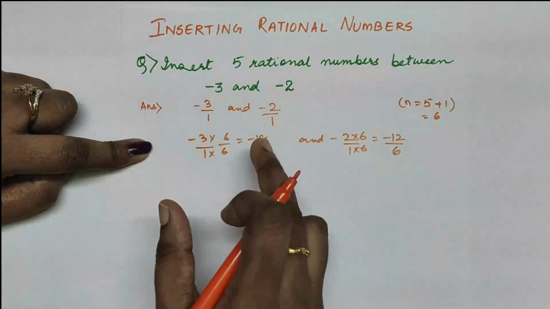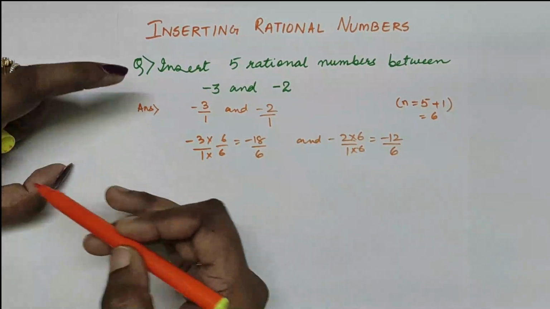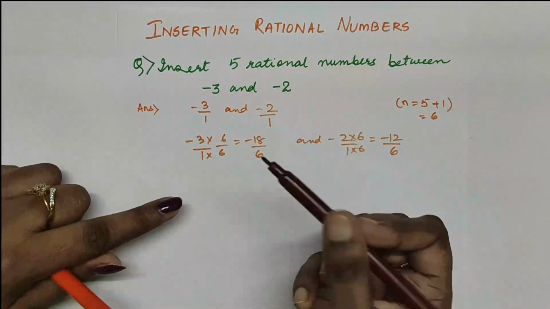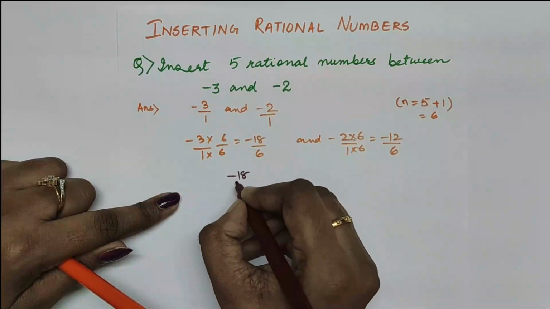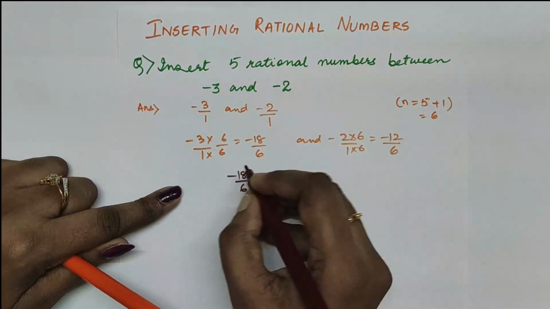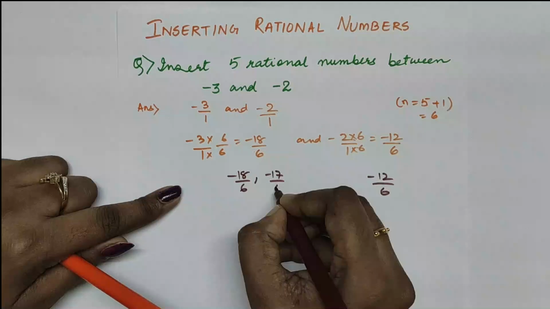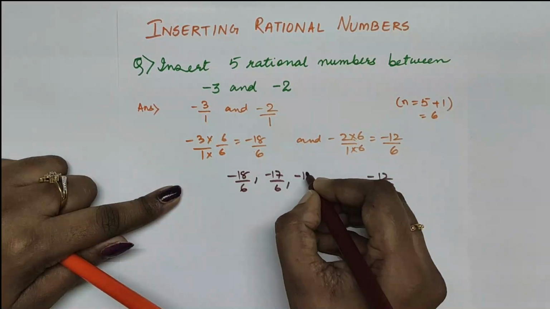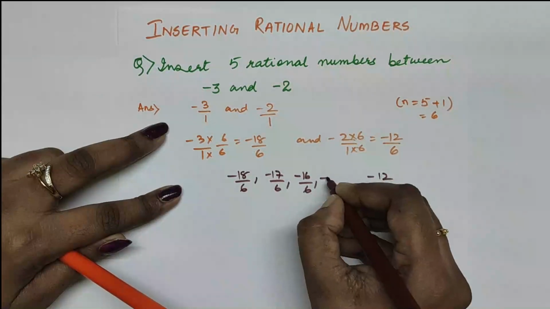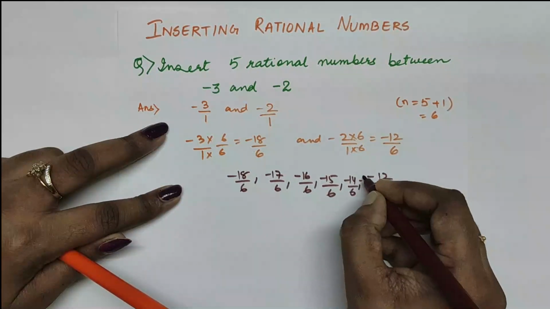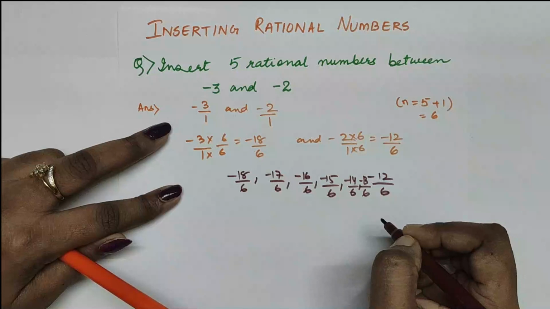Now between -18/6 and -12/6, I have a number of rational numbers. What are those? In between these two, I have -17/6, -16/6, -15/6, -14/6, and -13/6.